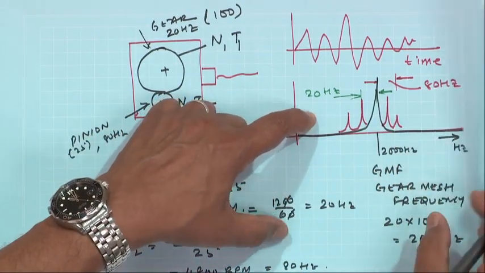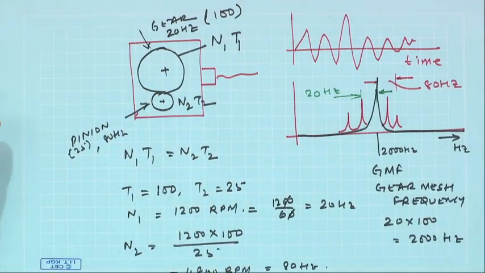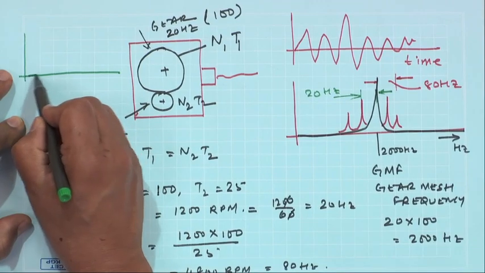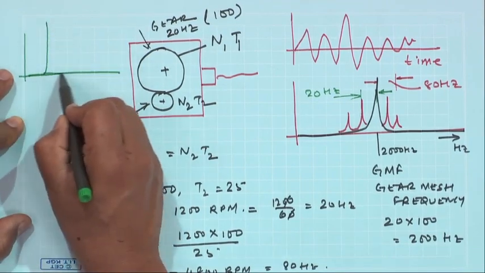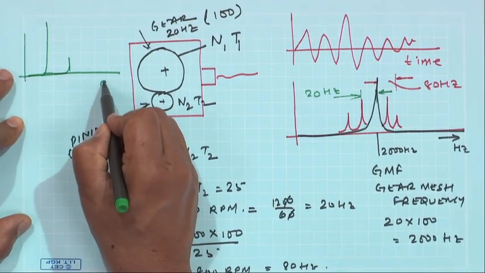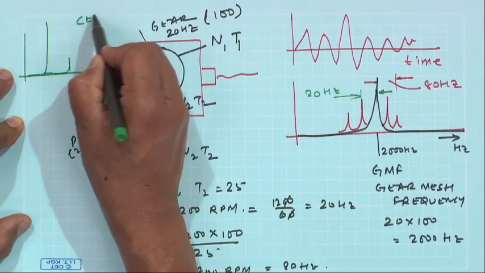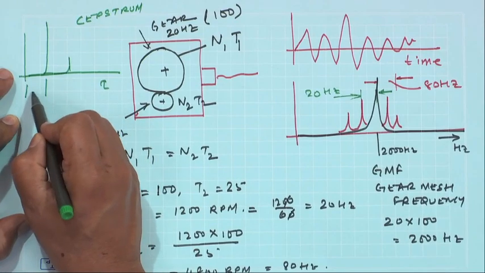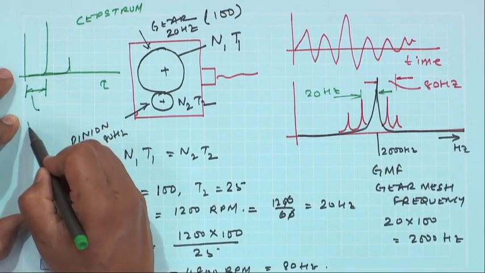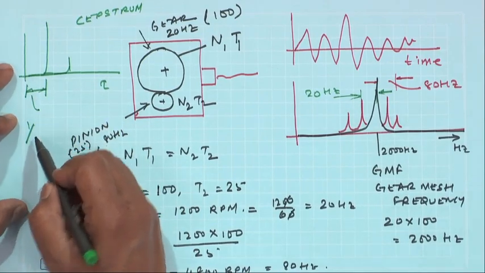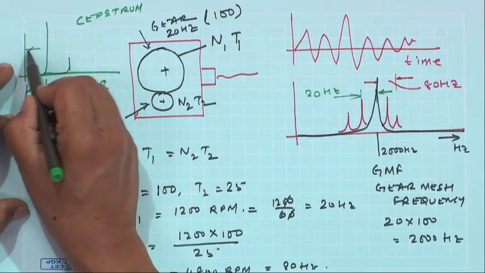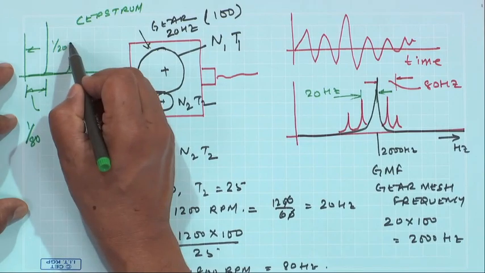So, if the sidebands increase at 20 hertz or 80 hertz, I may be able to detect it in an FFT, but if I do a Cepstrum, I see a peak, because this is in time domain. So, this corresponds to 1 by 80 and this corresponds to maybe 1 by 20.